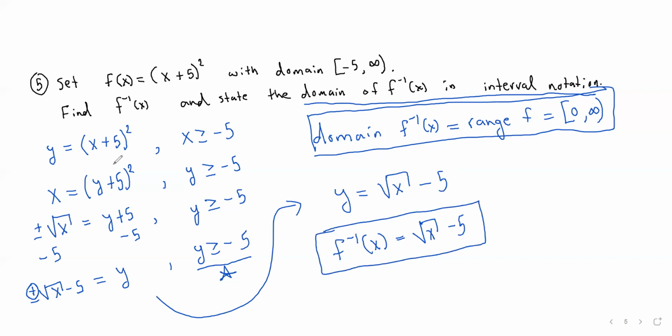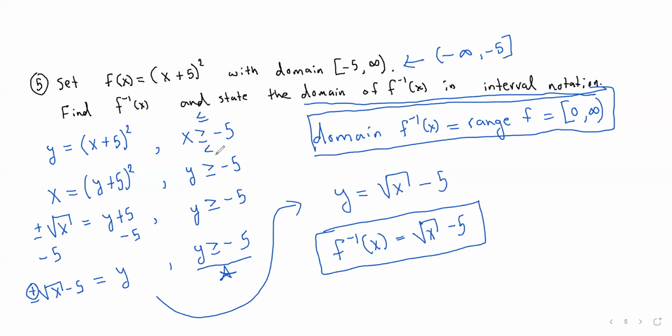And so someone might wonder, why did we even have to bother with the plus minus? If I had just taken the square root of both sides, we would have had the same answer. Well, the reason for this is, what if someone, instead of domain -5 to infinity, gave the domain -infinity to -5? In this case, you would go through the same routine, but the signs would have to be the opposite.